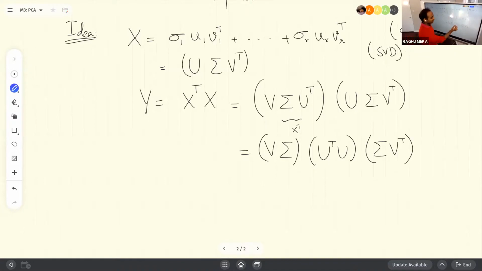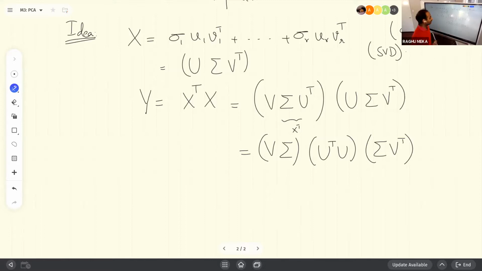Now what is this middle matrix U transpose U? Let's go back to the definition of singular value decomposition. The columns of U were orthonormal.